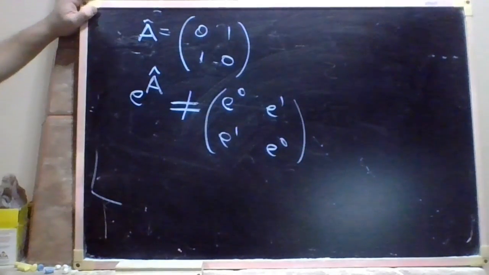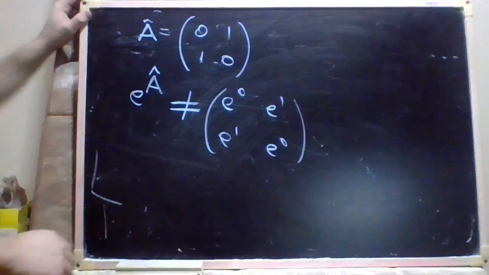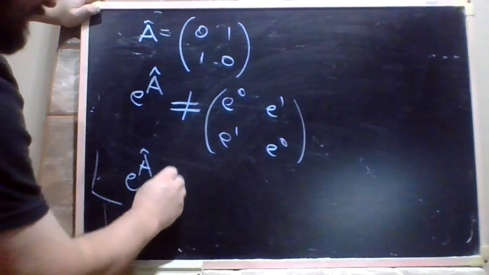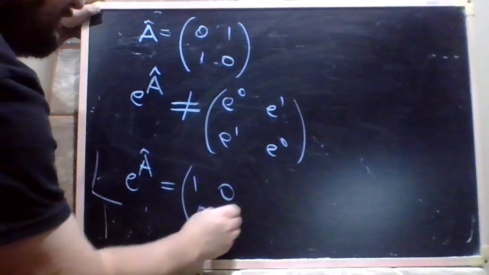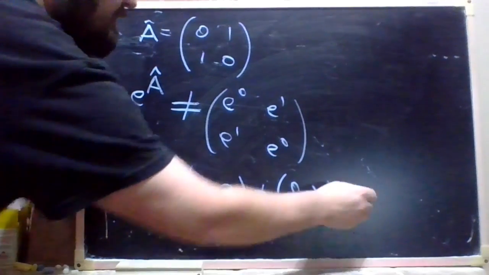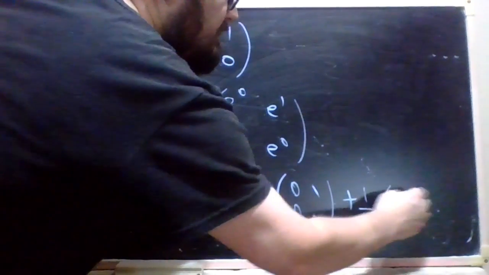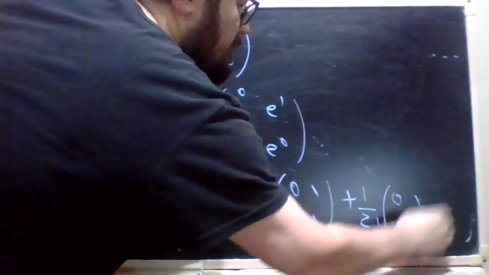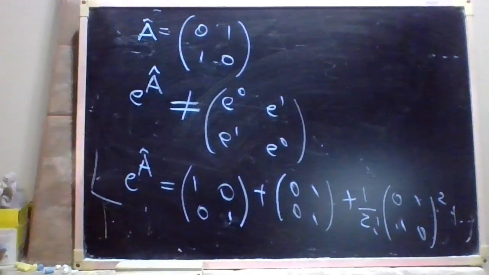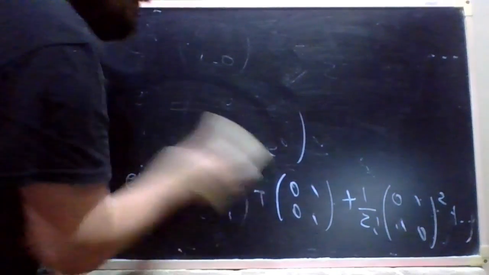It is different from that. All right, you need to perform the calculations. You need to expand the matrix. So the exponential of A is equal to the identity matrix plus the matrix plus 1 over 2 factorial, the matrix squared, and so on. You need to calculate that. All right, that's an important issue when dealing with matrices.